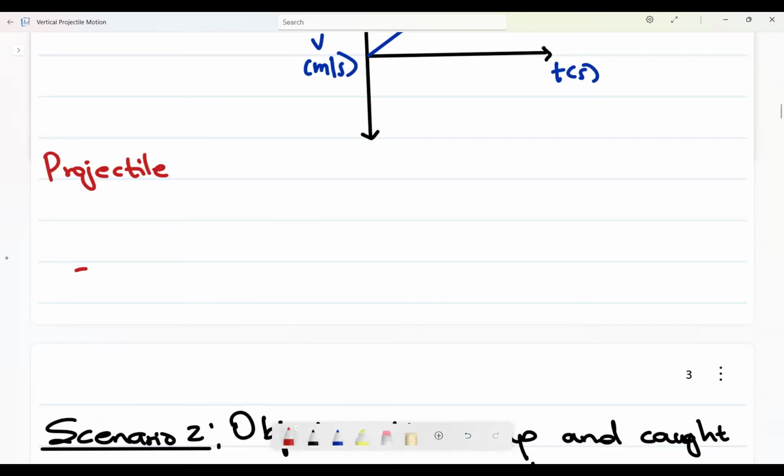I think it's projectile. Yeah, projectile. What is projectile? Projectile, it is the motion.